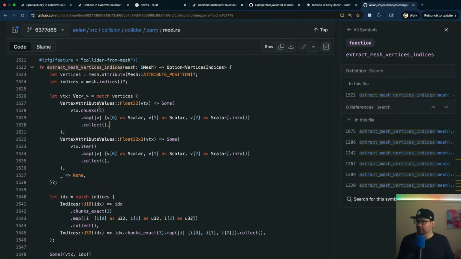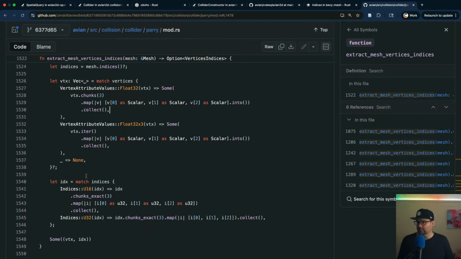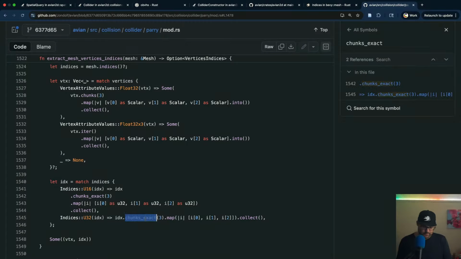Chunks 3, iter, map, collect. Indices U16, indices U32, chunks exact, map. Does chunks exact give you the wraparound?